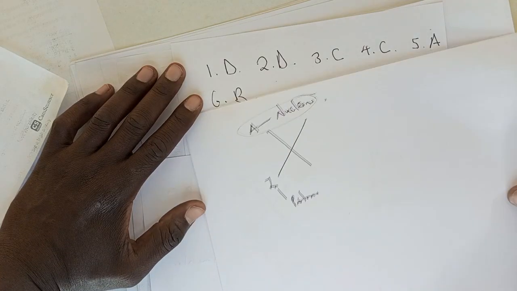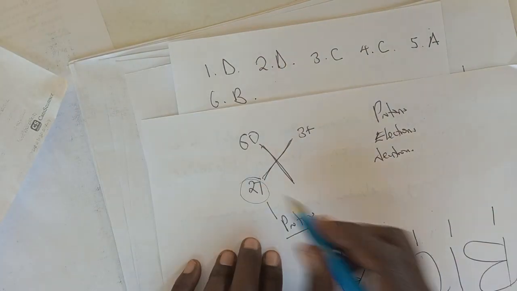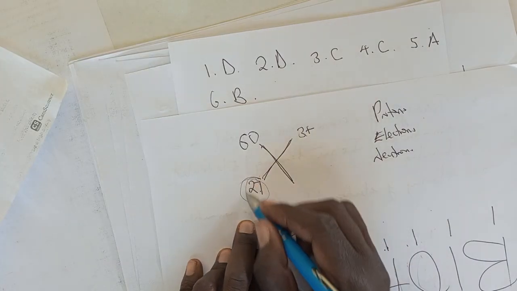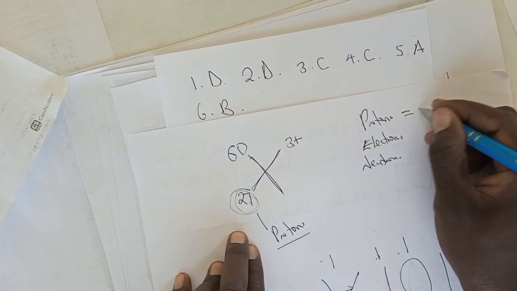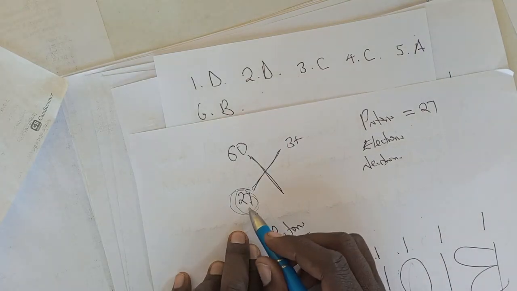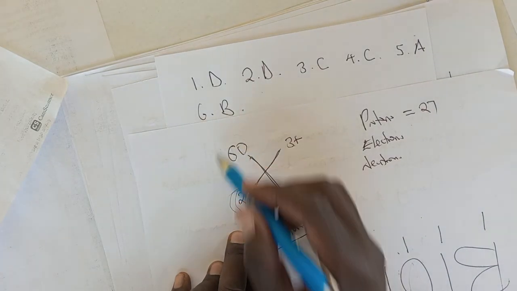So now, what have we been given here? We've been given 60 and 27 and the 3 plus. This 27 is the number of protons. But what about the number of neutrons?